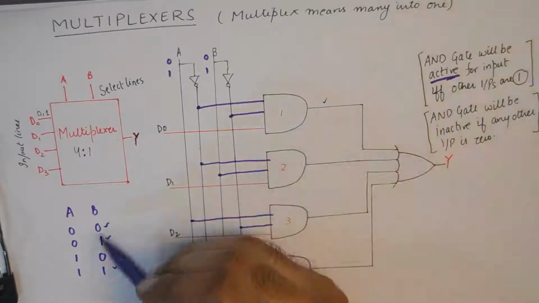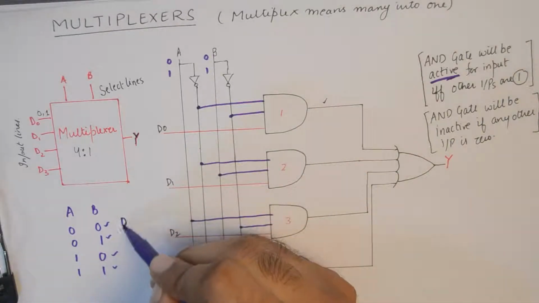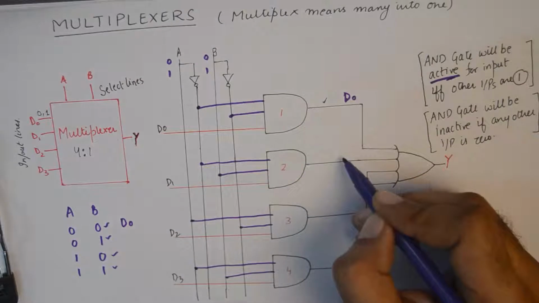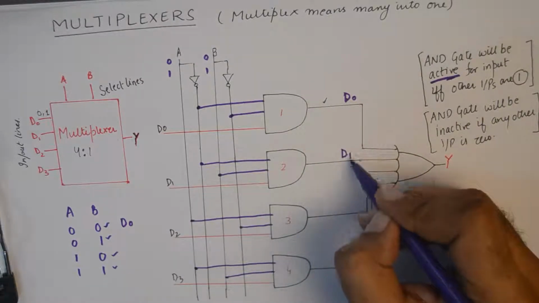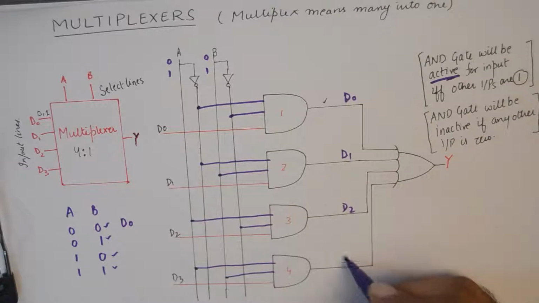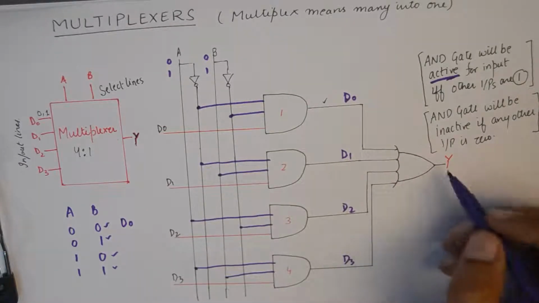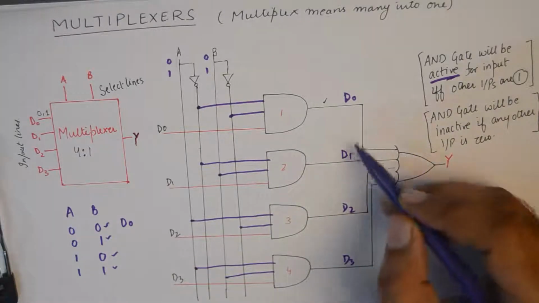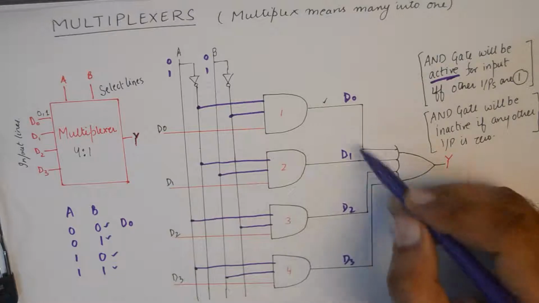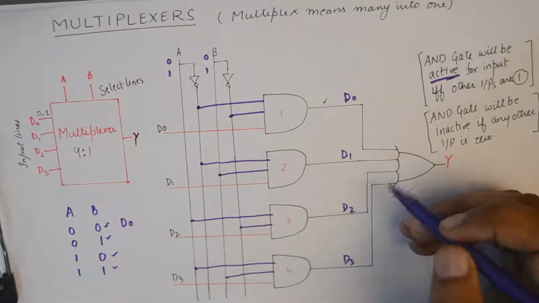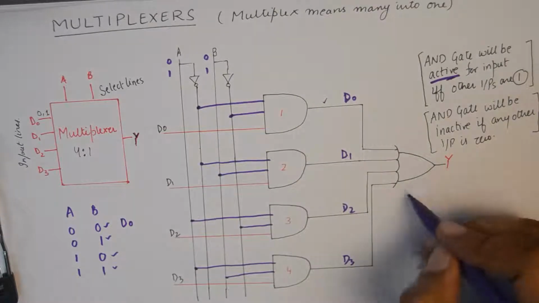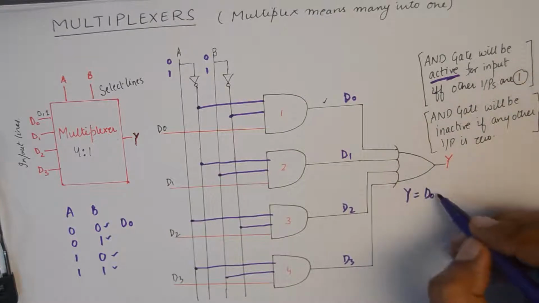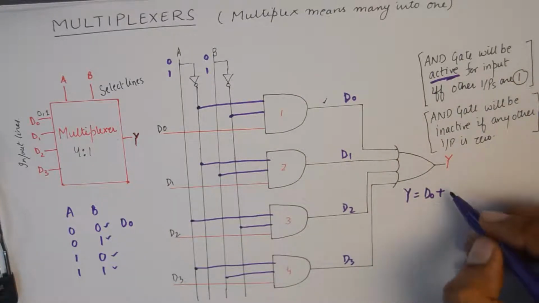So for 0, 0, D0 will be forwarded here, and 0, 1 will help D1 to be forwarded here, and D2 and D3, and of course Y is the OR gate, which, if at any point in time only one of the inputs is being selected and the rest of them are essentially zero, being an OR gate will deliver that non-zero input at the output.